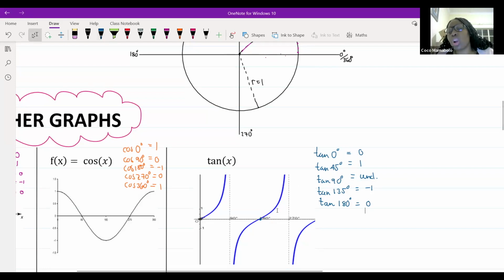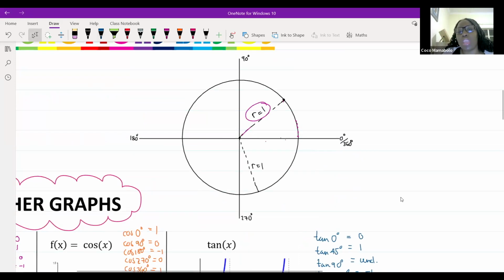All right, let's go talk about why this is. Okay, so I'm going to go back to the circle. If my circle has a radius of 1, what is this x coordinate over here? Guys, the distance from here to here is 1.